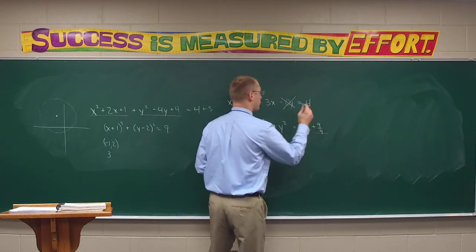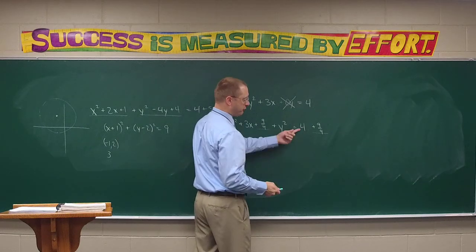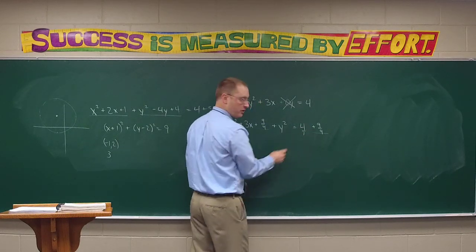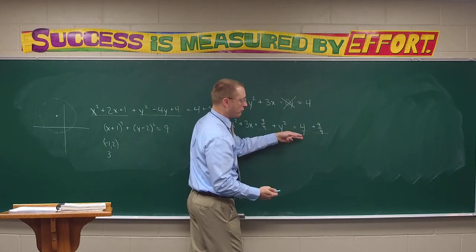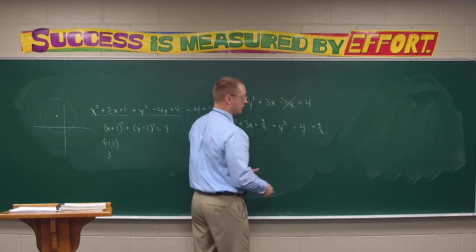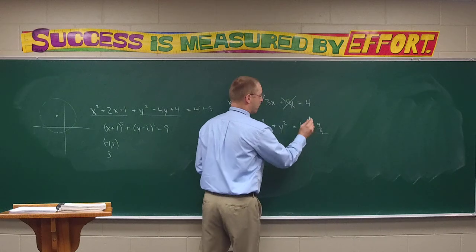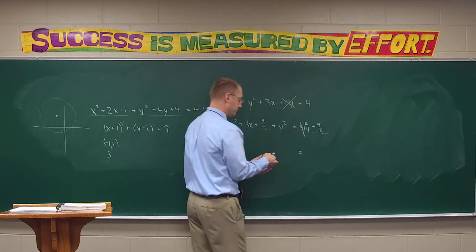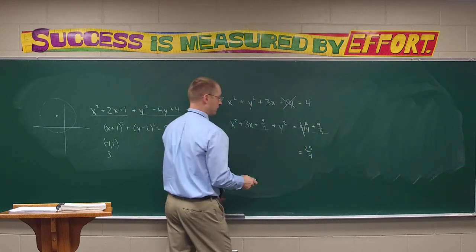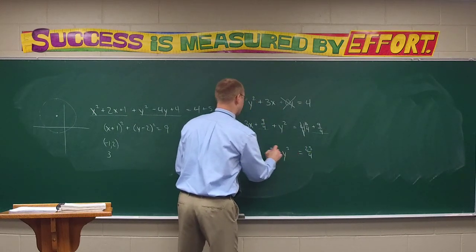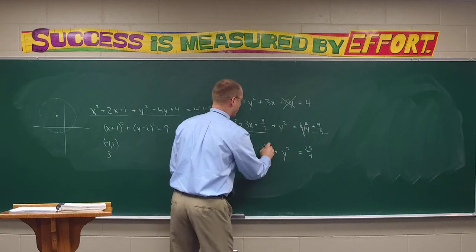Now here's where it could get sticky. I've got a 4. That's 4 oneths, 4 firsts, right? I need fourths. 4 firsts becomes how many fourths? 16 fourths, which added to 9 fourths gives me 25 fourths. Here, we have the plus y squared. Here, we need to make a binomial squared.